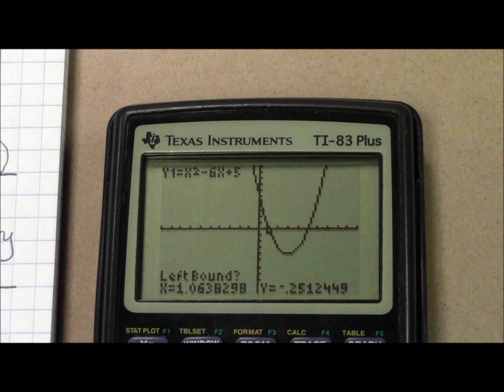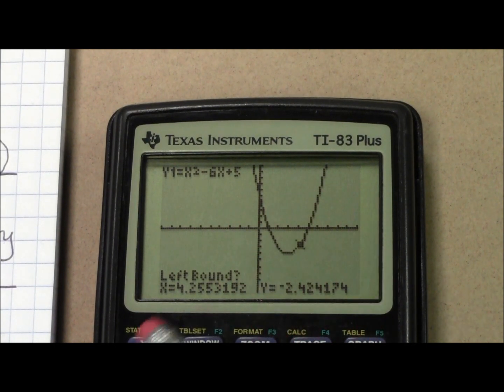Now we need a left bound, but once again we have to be careful. We have to put the cursor to the left of our second root, but make sure it's not to the left of the first root, or once again it'll confuse the calculator and it'll give you an error.